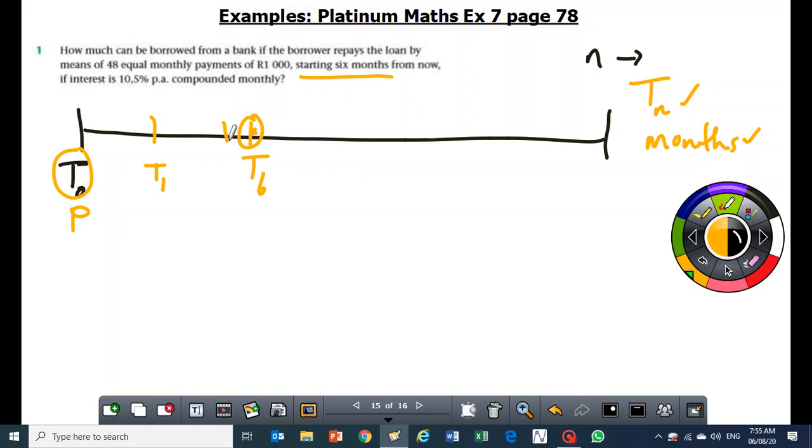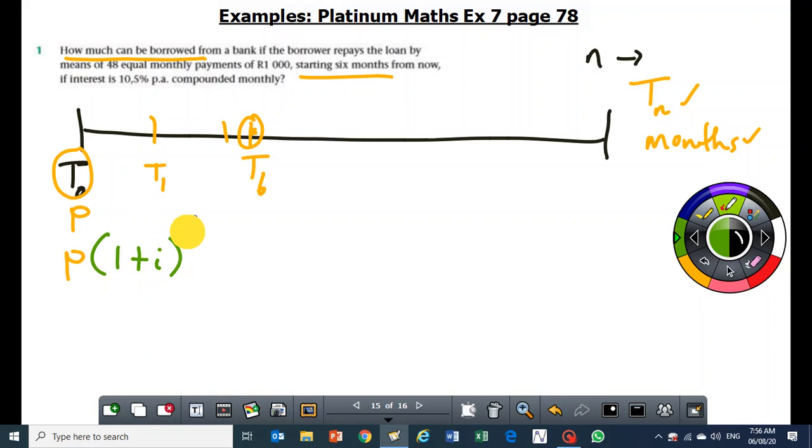So for the question, when you are calculating your balance outstanding, what are you trying to calculate? You are trying to calculate the amount borrowed. That is P. So, a specific amount of money P was borrowed. And then we use the compound interest formula.